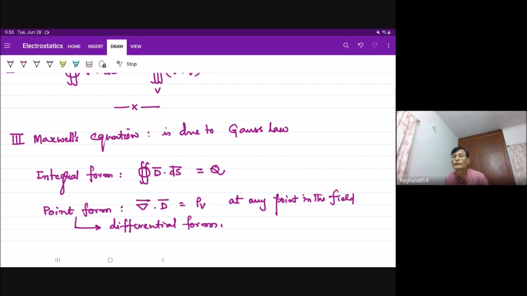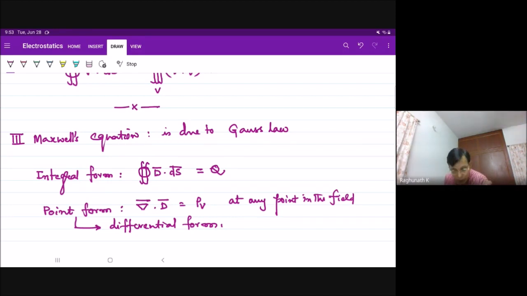Along with the expression for electric field intensity as a function of the gradient of potential, this gives me the Poisson's equation, which we use to determine the field in the junction region of a PN junction.